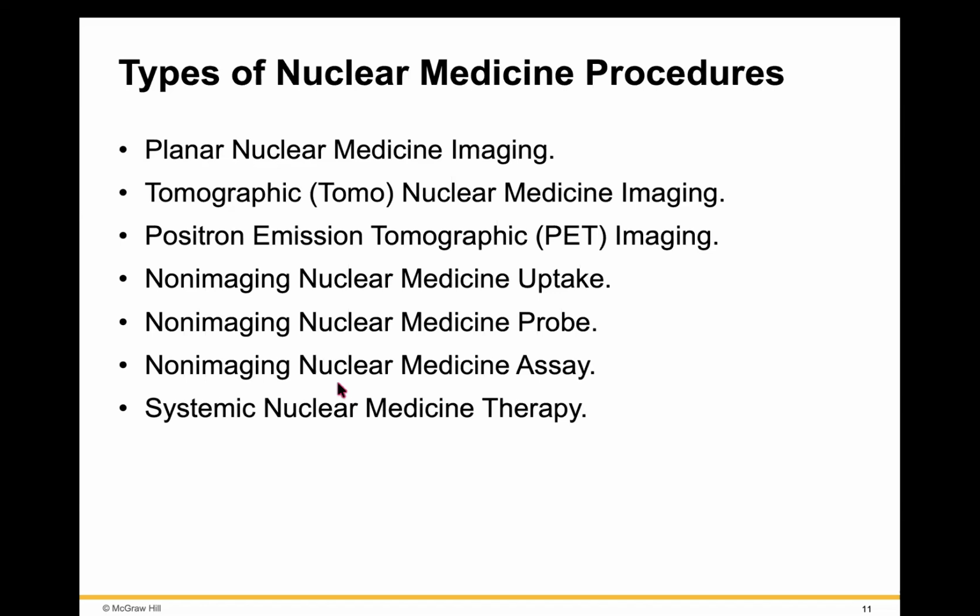Positron emission tomographic, or a PET scan: PET scans are good for looking at metabolic activity. Non-imaging nuclear medicine: sometimes it's not about the imaging but about measuring how much of a substance is being taken up in an organ. Then we have non-imaging nuclear medicine probe. This involves using a probe to detect radioactivity in a specific area.